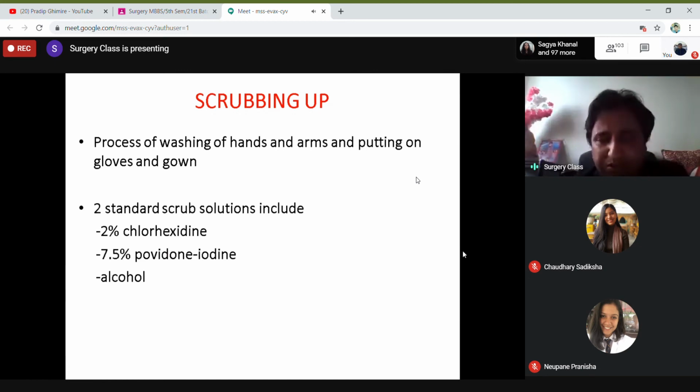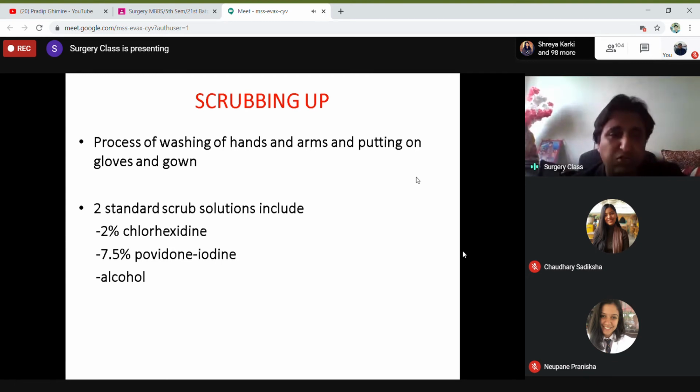Okay, so scrubbing up. You people are very much fond of scrubbing up. Most of the time we have seen students who want to come to the theater and scrub for the case, so you will get chances mostly during your internship. There is a process of washing hands and arms and putting on the gloves and gowns.